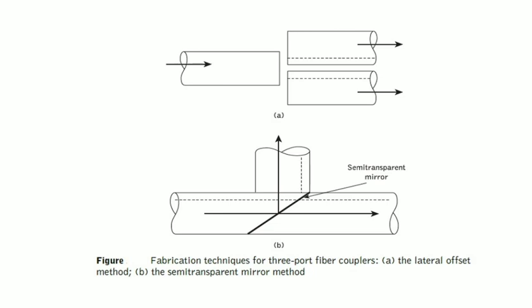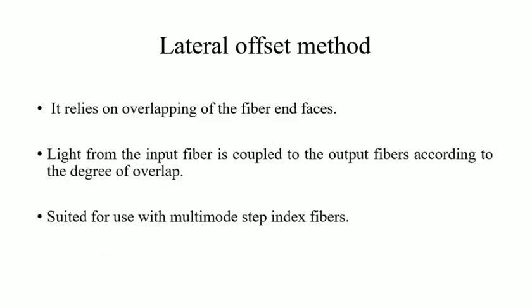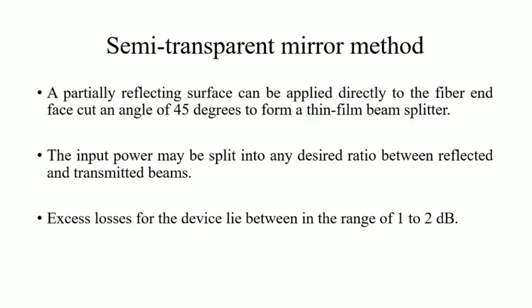The lower it is, the better for an optical fiber communication system. So these are the fabrication techniques we use in couplers. Next, the same explanation is given, so you can go through the explanation for the lateral offset method and the semi-transparent mirror method.